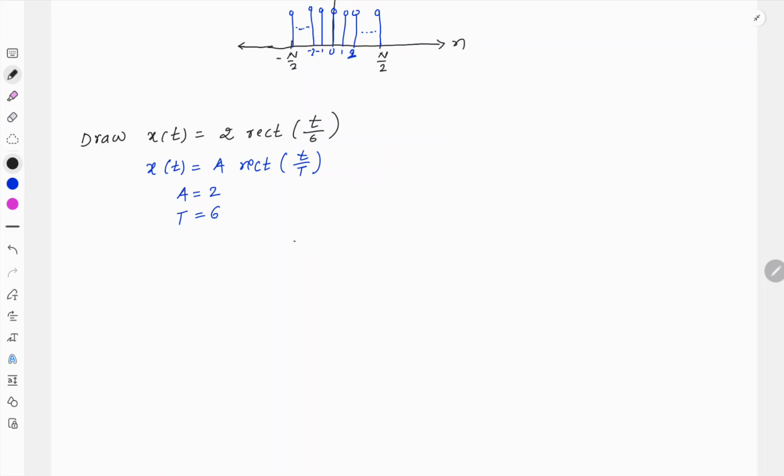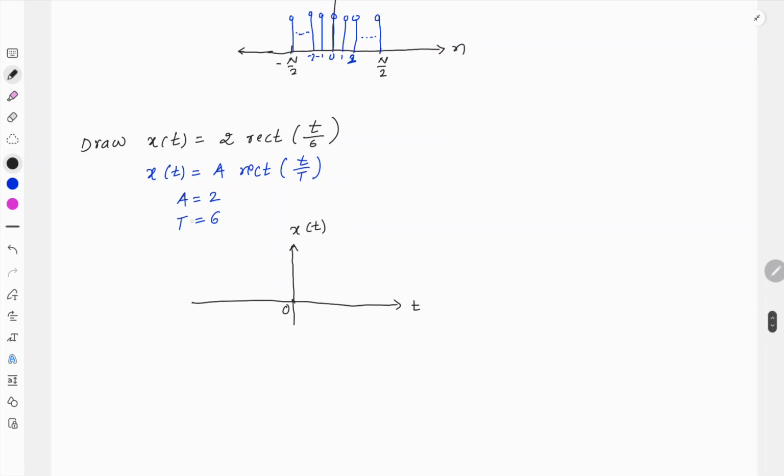Therefore, we can draw this signal as x-axis will be time because it is CT equation, y-axis is amplitude, x of t. We have the origin. Now here the capital T is 6.